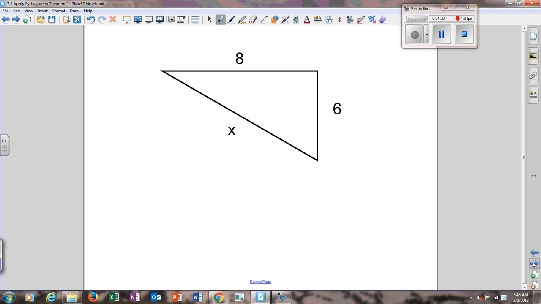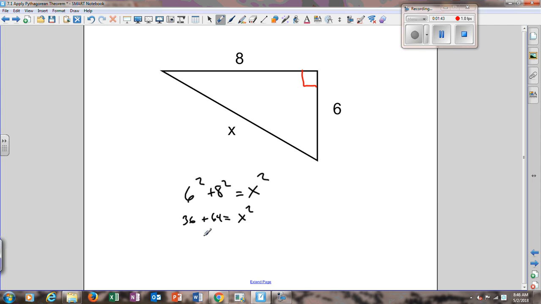If we have 6 and 8, these are our legs of the triangle. You do 6 squared plus 8 squared equals x squared. 6 squared is 36. 8 squared is 64.